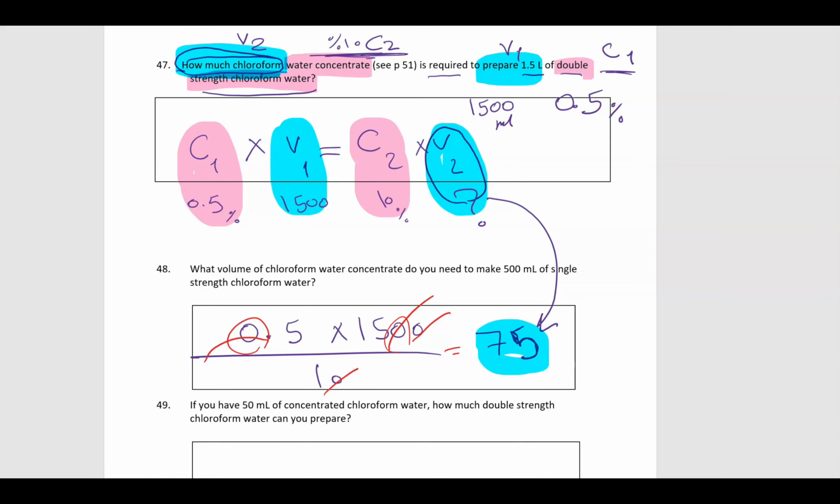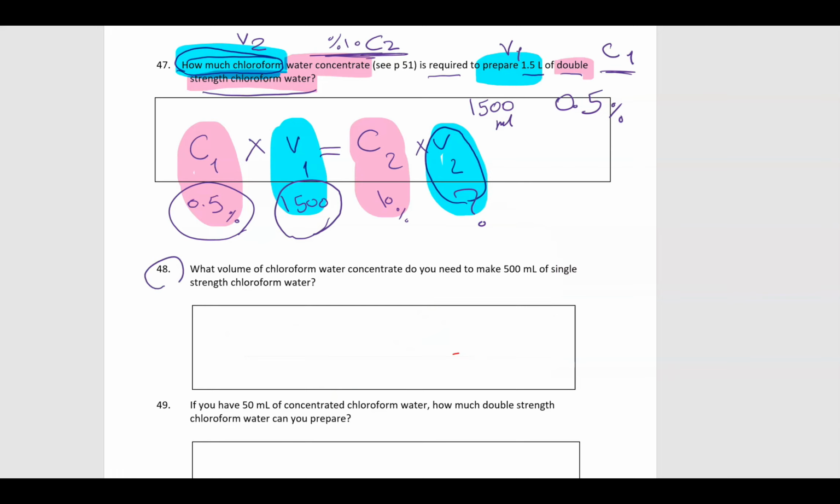So we need 75 milliliter of concentrated chloroform water to make 1,500 milliliter of double strength chloroform.